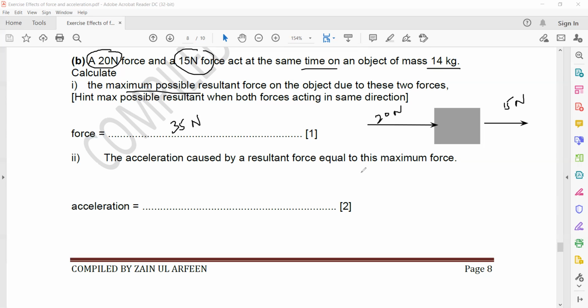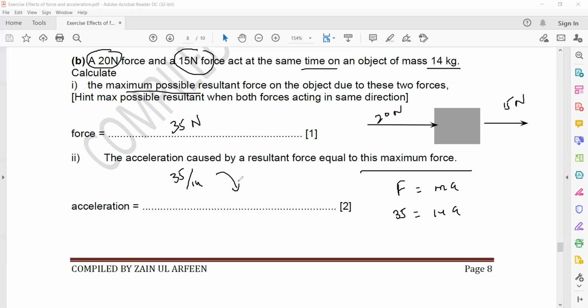Then the acceleration caused by the maximum force. How do we get the acceleration? F equals ma. The resultant force is 35, m is the mass, which is 14, and a is the acceleration. So it will be 35 divided by 14.